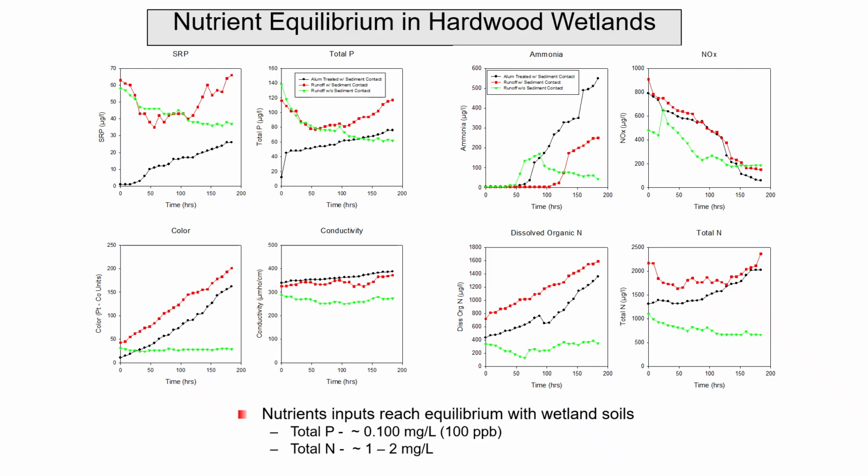For instance, studies have shown that total phosphorus, or TP, typically reaches an equilibrium concentration of around 0.100 milligrams per liter, which is equivalent to 100 parts per billion. Similarly, total nitrogen, or TN, usually stabilizes within a range of 1 to 2 milligrams per liter in these environments. These values give us a clear indication of the typical nutrient levels once equilibrium has been established.